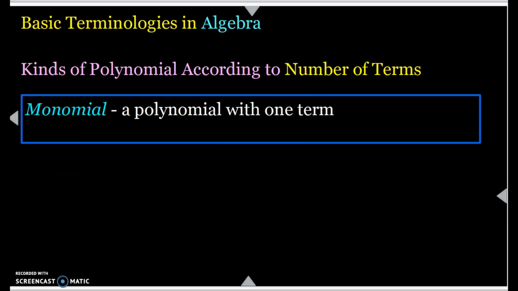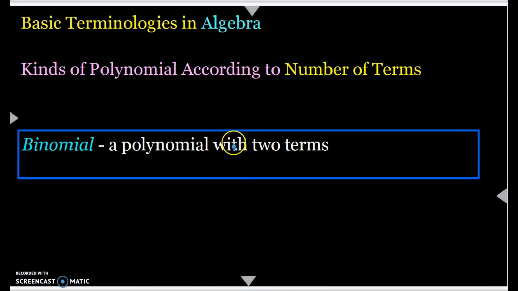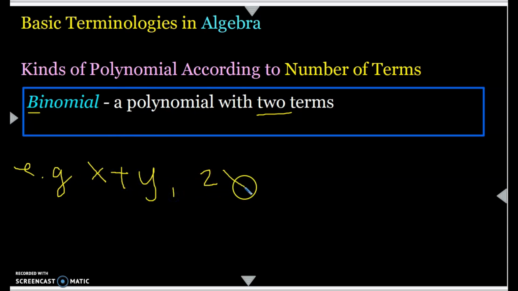Okay, so I'll be erasing it, and we'll be returning this. Then the next one is a polynomial that contains two terms, and we call it a binomial, taken from the prefix bi, which means two. So, examples of this are x plus y and 2x minus 3.